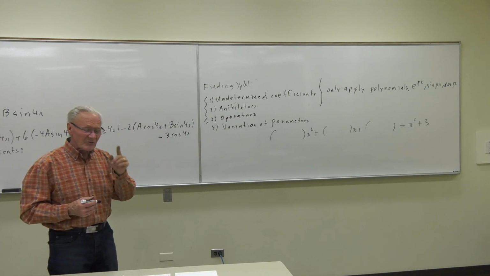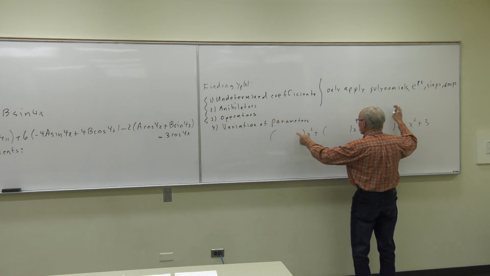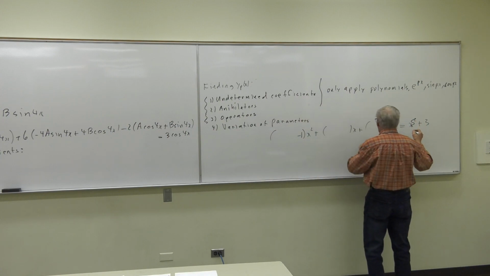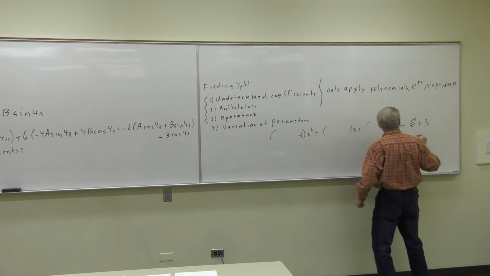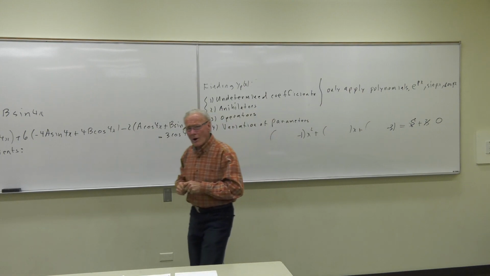Let me show you a different way. Suppose I take this one and I bring it over here, in which case I'd have that. Let me bring this one over here, in which case it would be minus 3 here. And now on this side, it's a 0. So what have I now got?